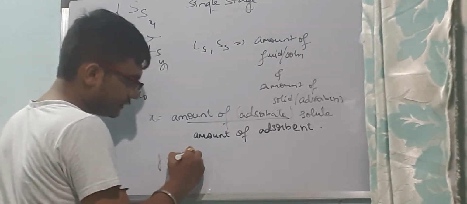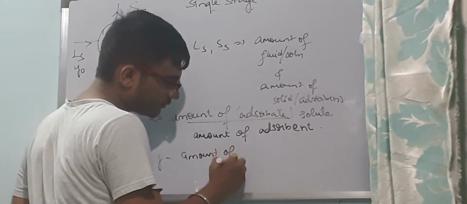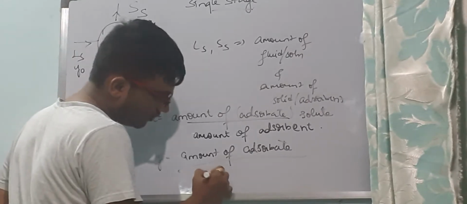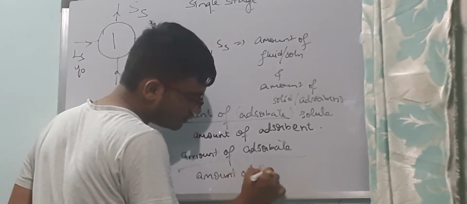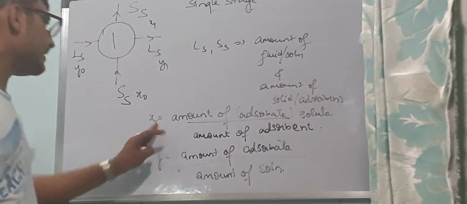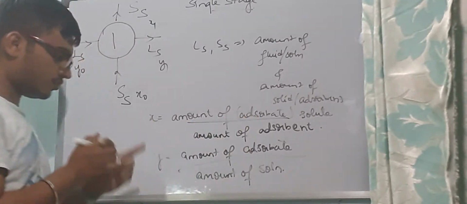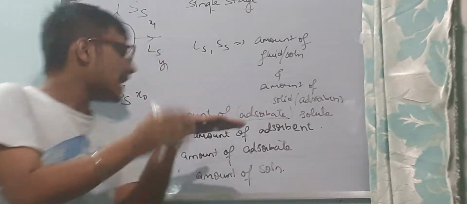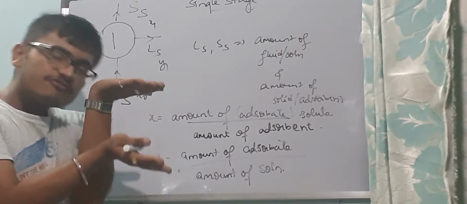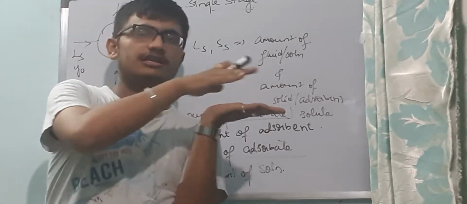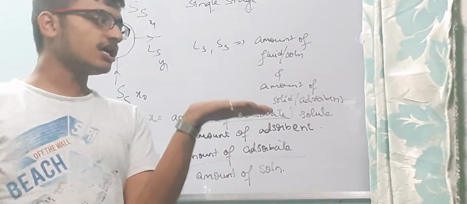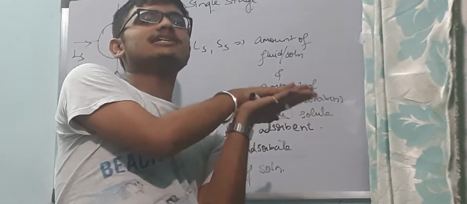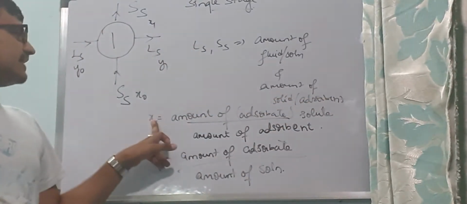And Y is amount of adsorbate per amount of solution. That is, X is nothing but the amount of adsorbate per amount of adsorbent. Means how much of the solute particles are settled on per amount of solid. If this is your 1 unit mass of solid substance or adsorbent, how many solute particles are settled on the solid surface, that is given by X.